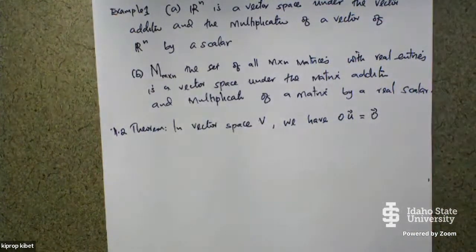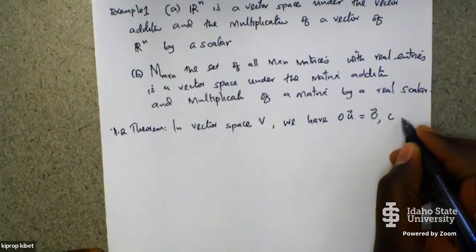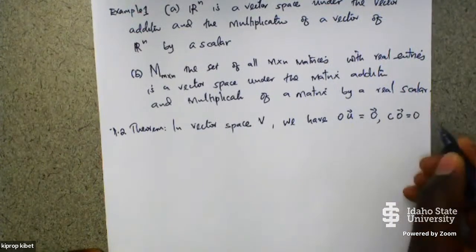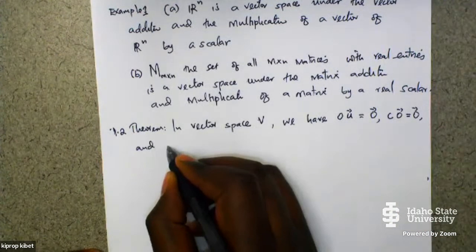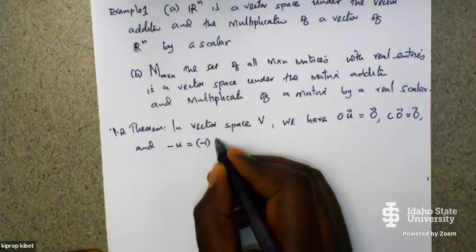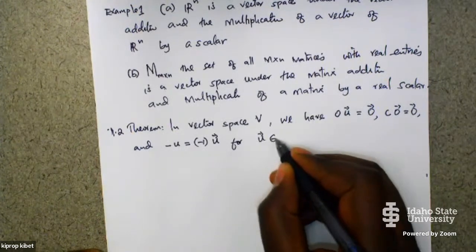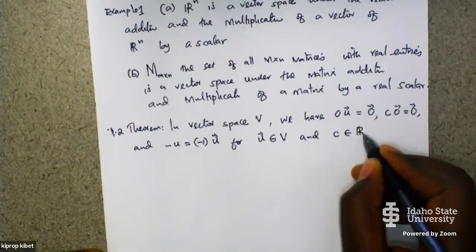When you multiply a vector by 0, then you get the 0 vector. Also, when you multiply the 0 vector by a scalar, you still get the 0 vector. Also, minus u is equal to minus 1 u, for u an element of V and c an element of the reals.